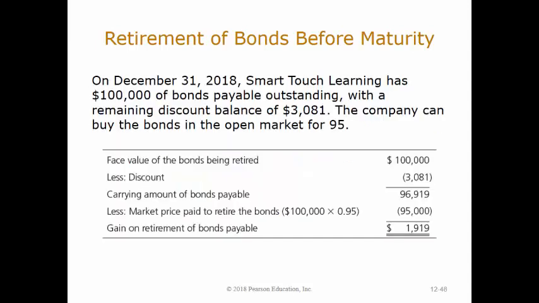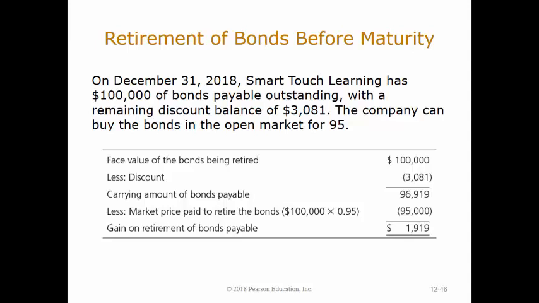Suppose on December 31, 2018, Smart Touch Learning has $100,000 of bonds payable outstanding with a remaining discount balance of $3,081. The original discount of $3,851 less the straight-line amortization of $385 in June and December.